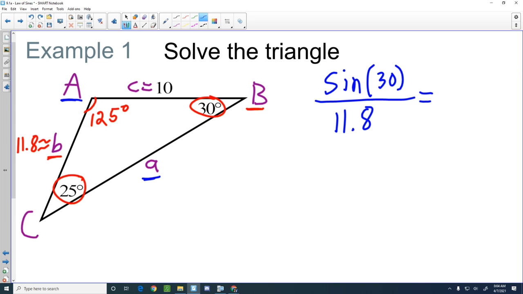Well, now I need to make my second fraction with the side that we're looking for, which is A. So I need to put sine of A up top and actually know what angle A is. So I can do sine of 125, divided by lowercase a. And that's the last side length that we're solving right now. We're looking for that side length A.